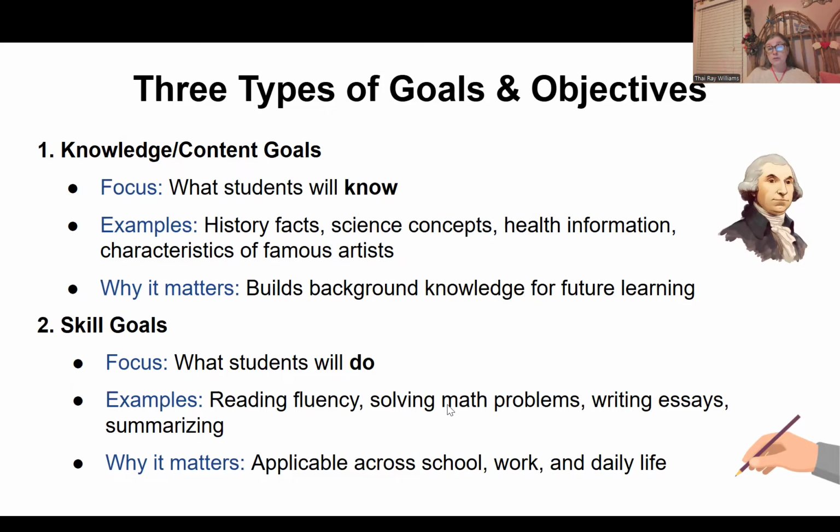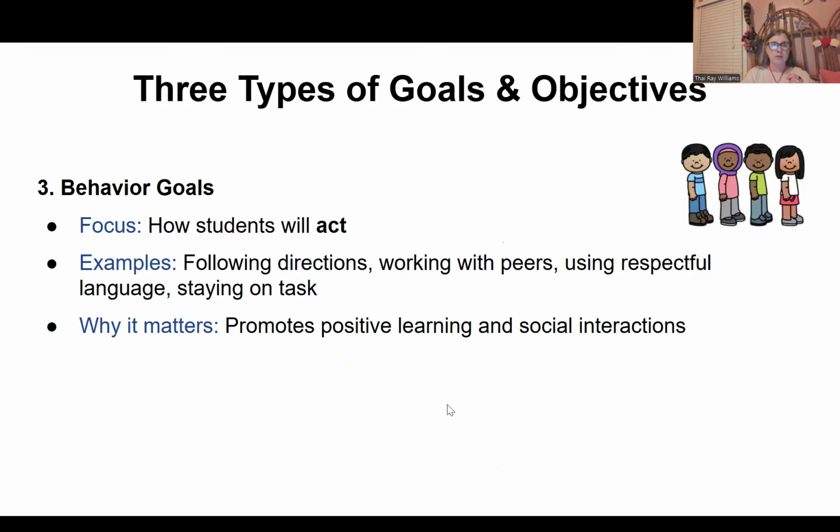Let's just say solving math problems. Students are going to need to do that in school. They may need to do it in their job. There may be activities they engage in daily life or in the community where they're going to need to be able to solve math problems. And again, when we're writing an IEP that's going to be very precise, we're not just going to say math problems. We're going to be precise in saying what kind of math problems.